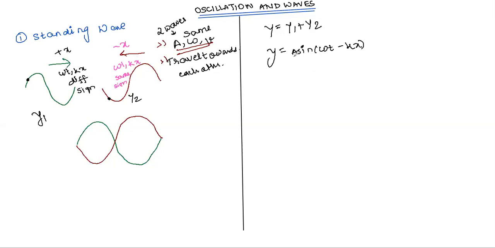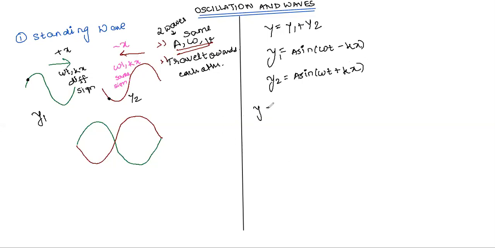So this is first one, we'll take this as y1. Second one is a sine omega t plus kx. After this, we'll sum them up.